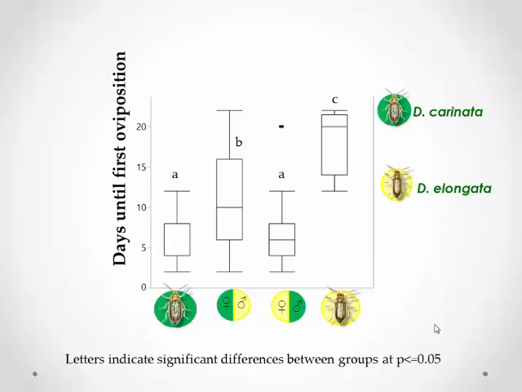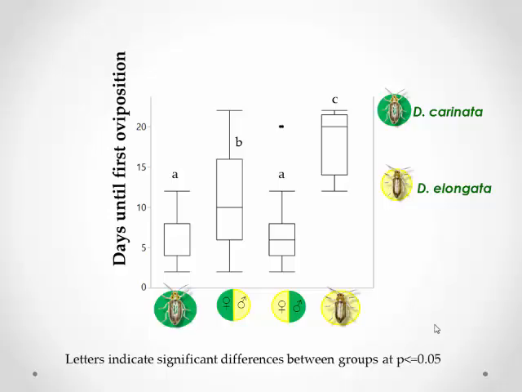Elongata has just been doing really badly in the lab in general. We're not sure why. We don't know if it's inbreeding depression, if someone threw out a bunch of eggs. We don't know yet, but hopefully we can quantify it genetically and figure it out. But for now, we only wound up with 4 mating pairs, so the N is very low here, but we have at least 20 mating pairs for all of the others.